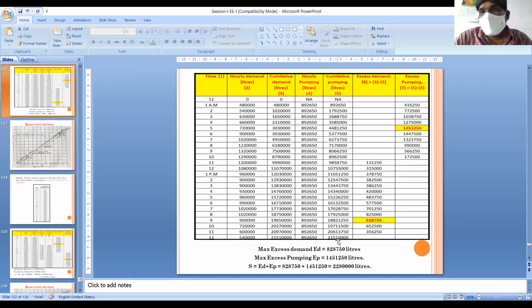In the offline classes, we'll discuss different models and examples, and there we'll learn more elaborately. This is the basic process to find the storage capacity of a reservoir. Once we go for offline classes, we'll practice finding storage capacity by the mass curve method with different examples.